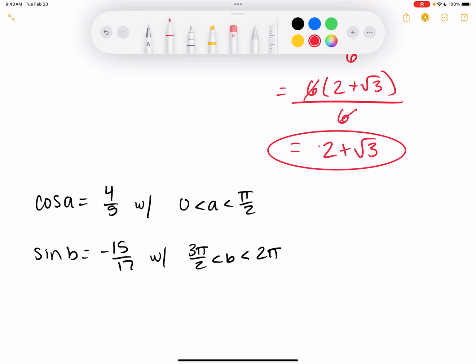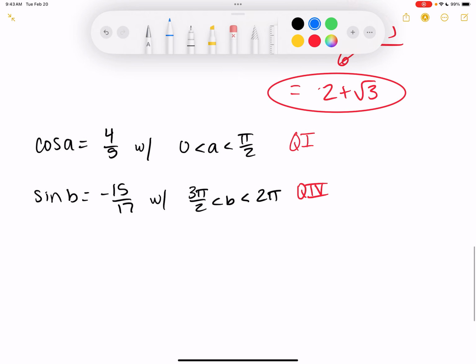Quadrant 1. And what about B? Quadrant 4. So before I do absolutely anything with these problems, before I even tell you what the problem is, we need to set up these triangles to be able to solve. So I'm going to do triangle A over here.